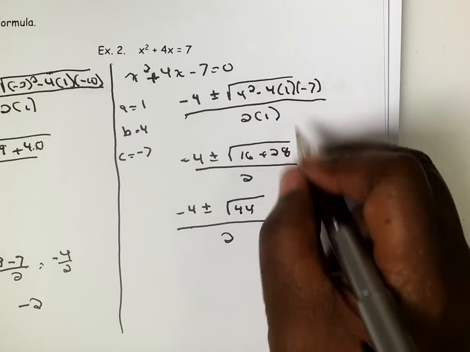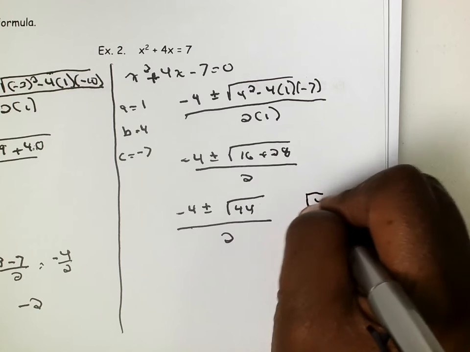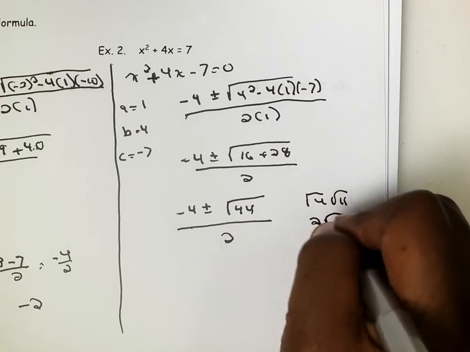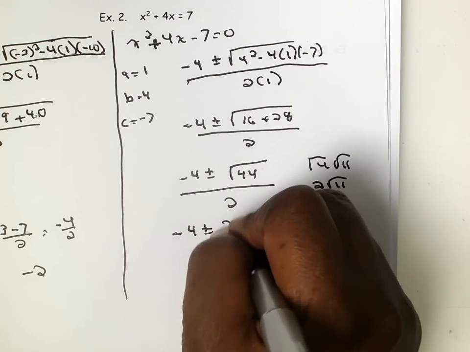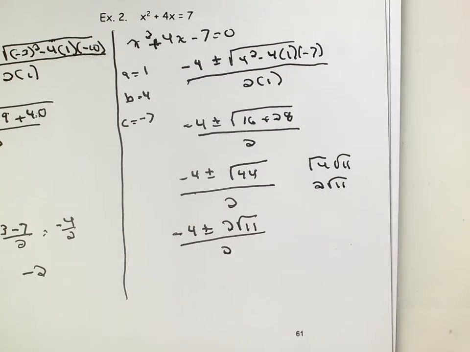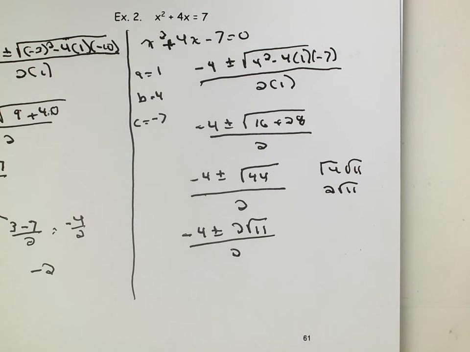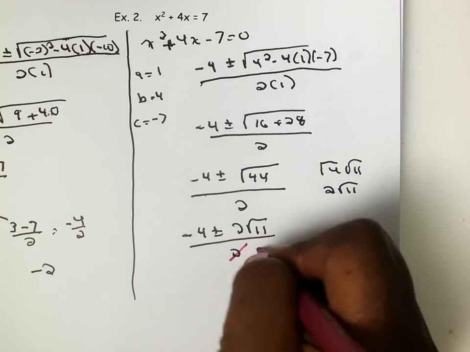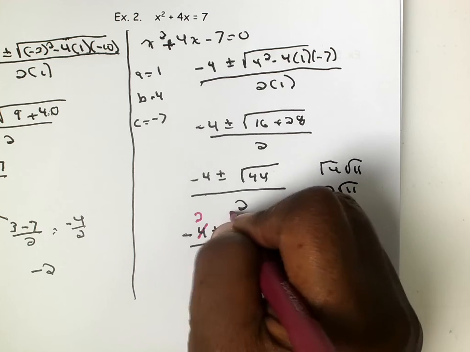And I like to do mine on the side. So 44 is 4 times 11, which is 2 square roots of 11. So I'm going to plug that in. And then lastly, because all three of these pieces that are outside the radical have a common factor, I can reduce it. 2 goes into 2 once, 2 goes into 4 twice, and this 2 goes into 2 once.